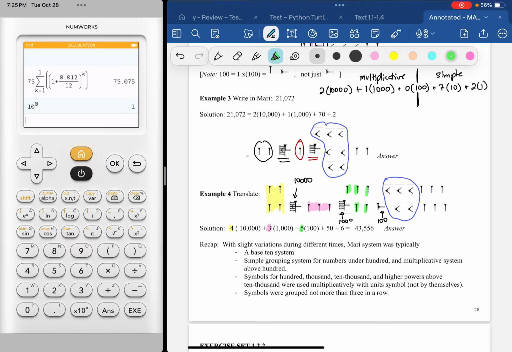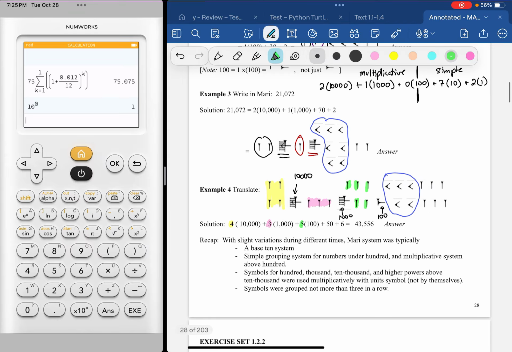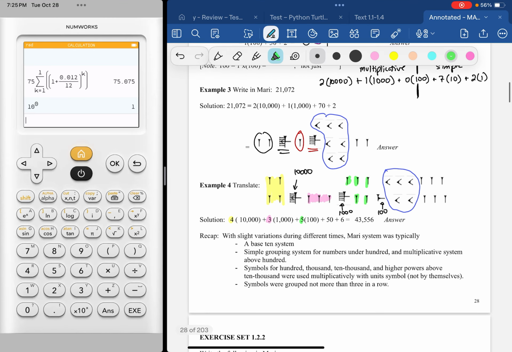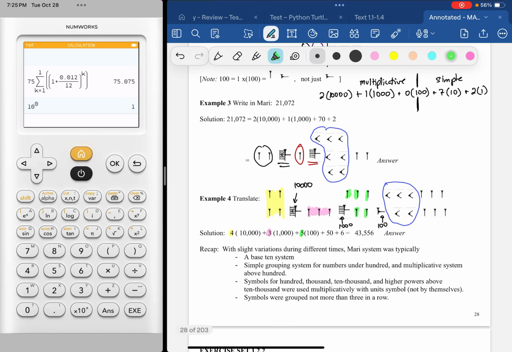And then after that, I have my simple stuff, the 50 and then a 6. All right. So it's really just a different symbolic set of notation to represent a lot of the same stuff. All right, and so now we can move on to the exercise set, and again check all that against the answer key, and we move on from there.